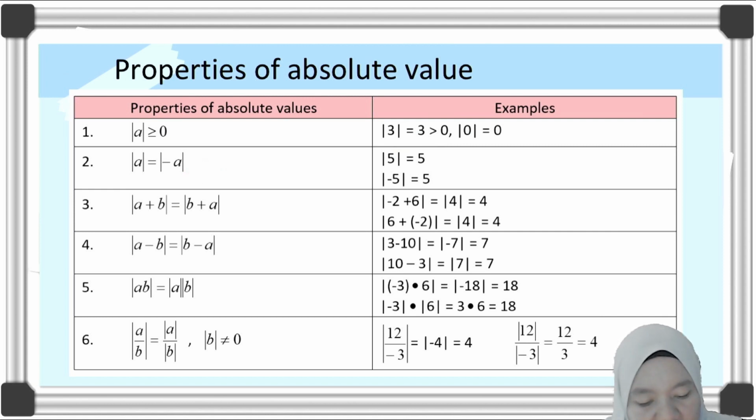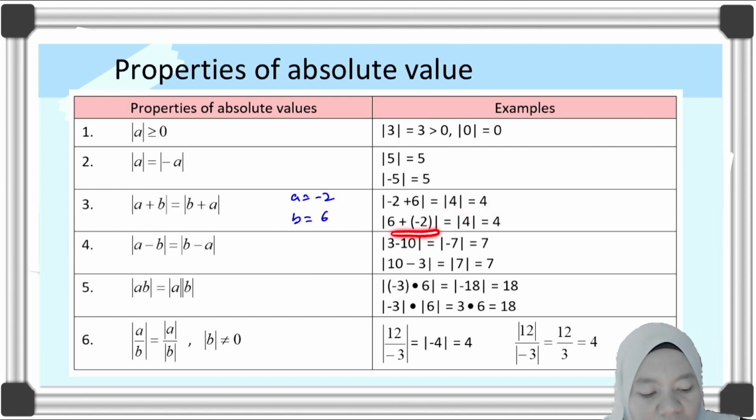Alright, now the third property. The absolute value of a plus b is equal to the absolute value of b plus a. Now look at the example. Let's say a is negative 2 and b is 6. Then the absolute value of negative 2 plus 6 is equal to the absolute value of 4, which is 4.